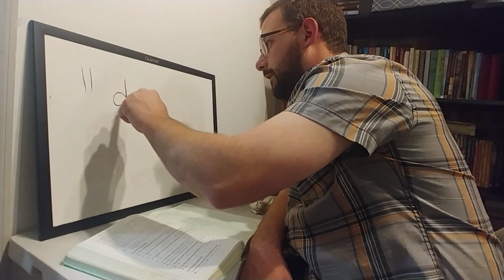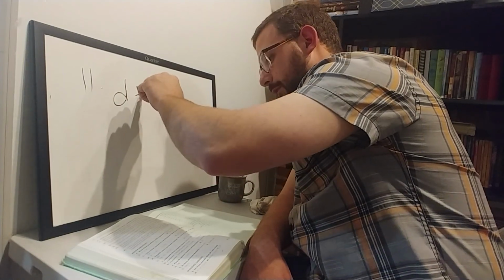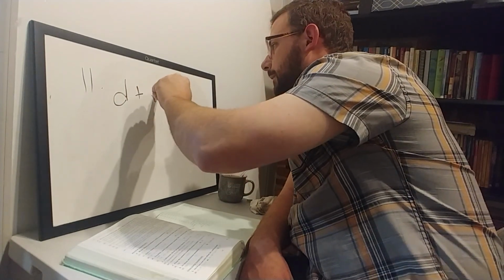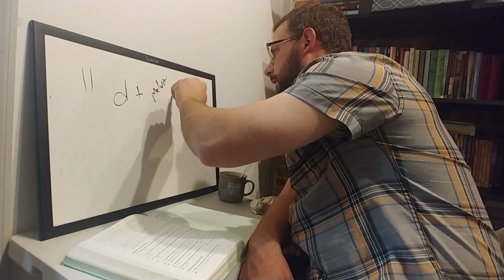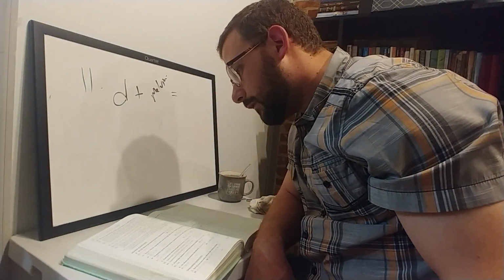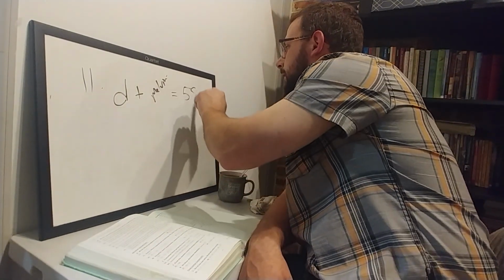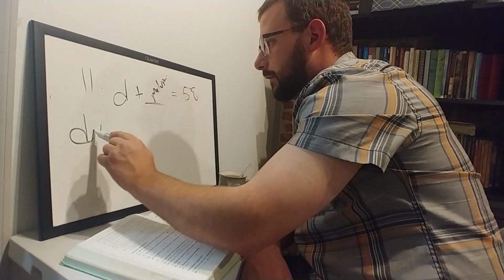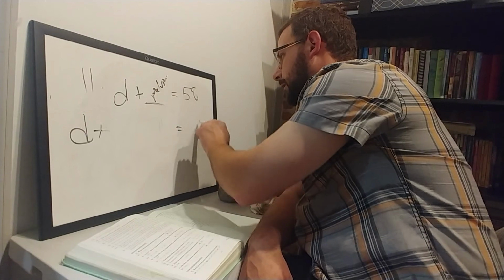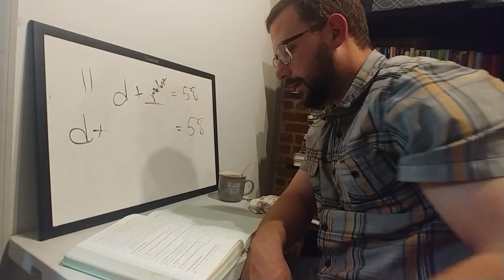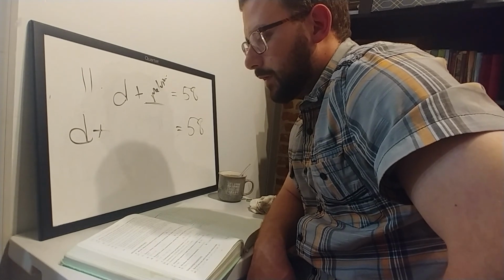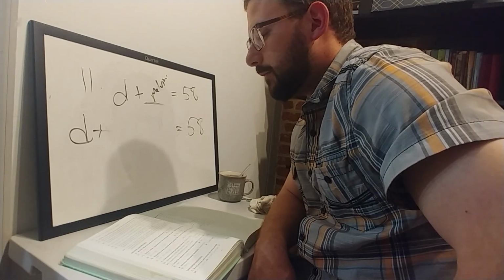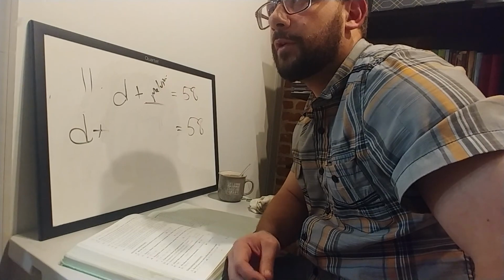So we have Dale is D plus whatever Melvin is equals 58. So the part of the equation you need to figure out is Melvin. Now, Melvin is 2 years more than 3 times as old as Dale.